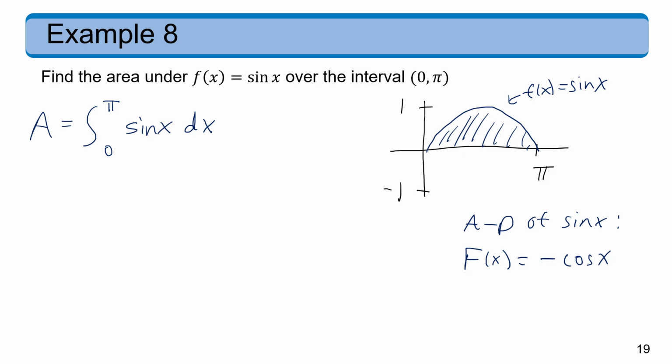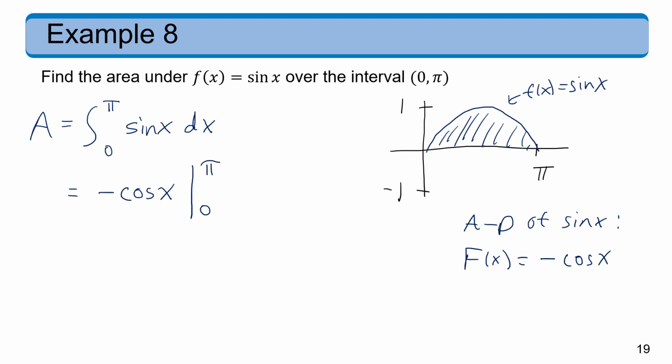So I'm going to start using a faster way to get to the result without writing out as many steps as we did on the last example. So instead of writing F of pi minus F of 0, I'm just going to write our antiderivative, which is negative cosine x, and then put that vertical bar notation with the endpoints that were given in our integral.